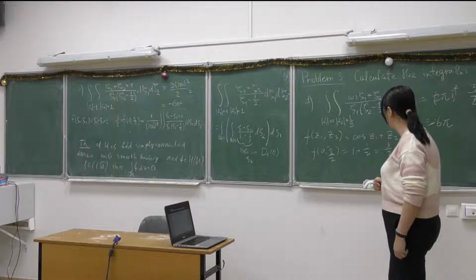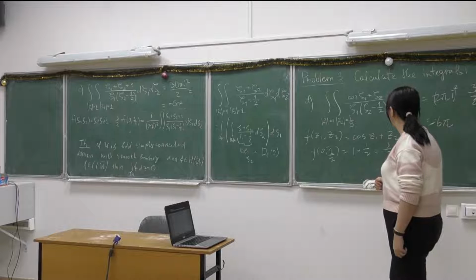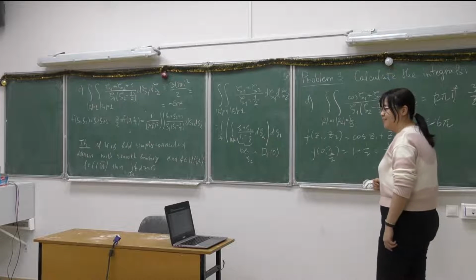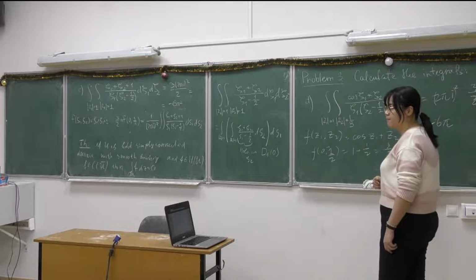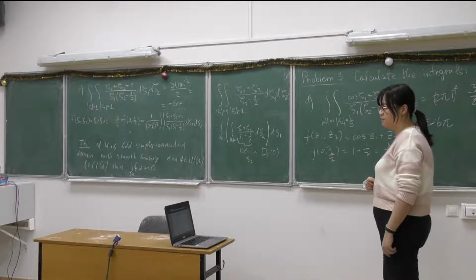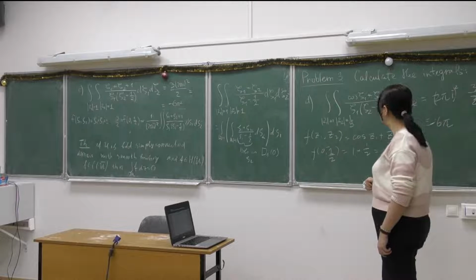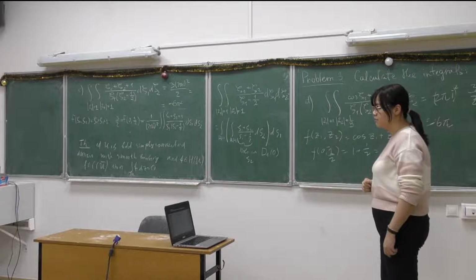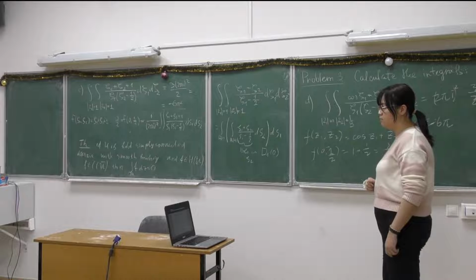We have to use some other trick. Actually, you have to just look at this function and try to integrate it somewhere. I suggest that you integrate it along the z2 variable.